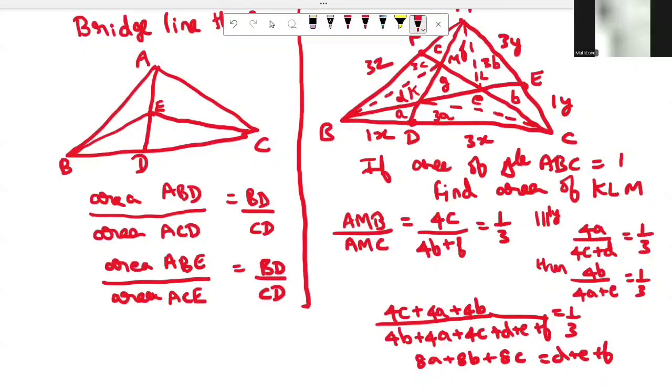Okay, so I'm going to consider this. We considered with respect to M, and we got this area region 4C.